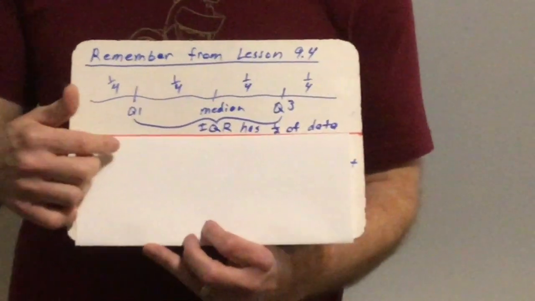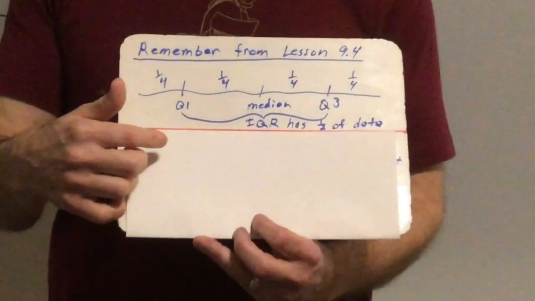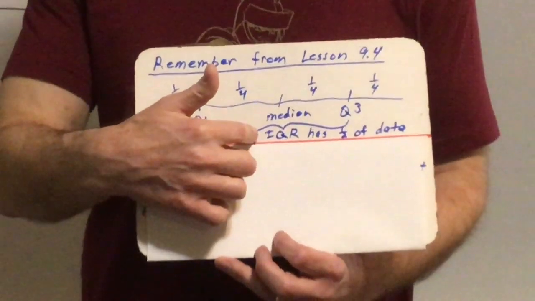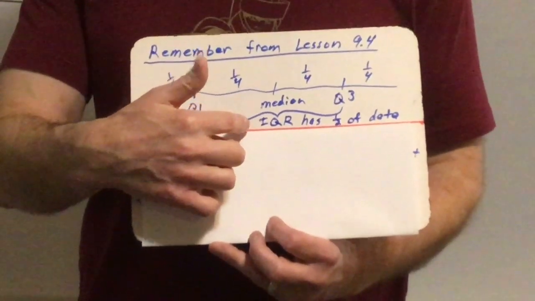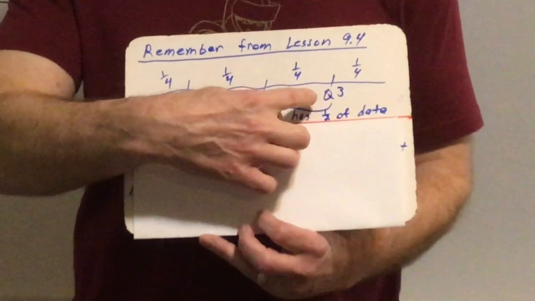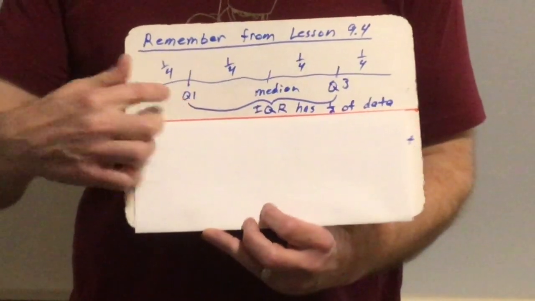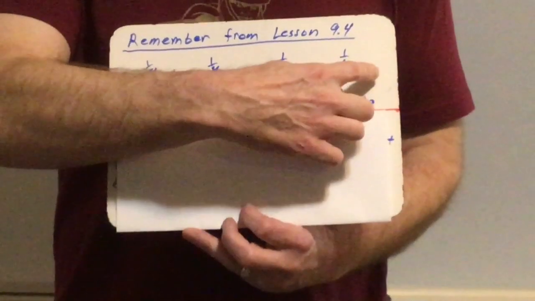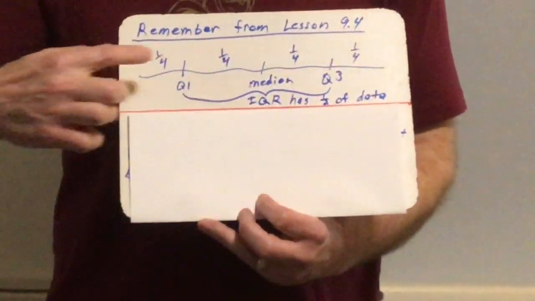So the other thing that was new in 9.4 that we talked about, but it will come up again in this lesson, is interquartile range. The interquartile range is the difference between your 3rd quartile and your 1st quartile. The regular range that you remember from 5th grade is your highest number on your list minus your lowest number.